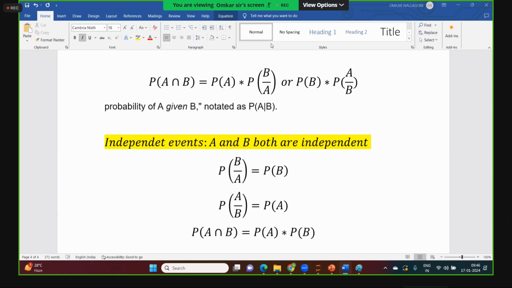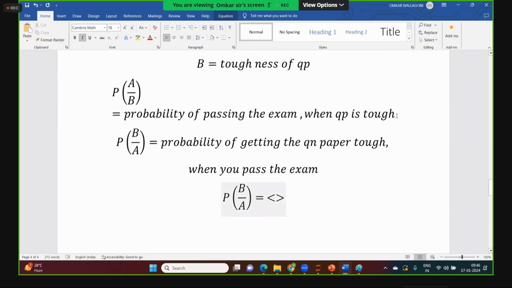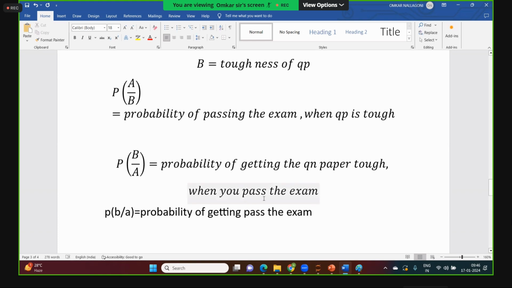So Shankar is saying these two. First one is saying this one, P of B by A. This one is saying probability of getting past the exam.